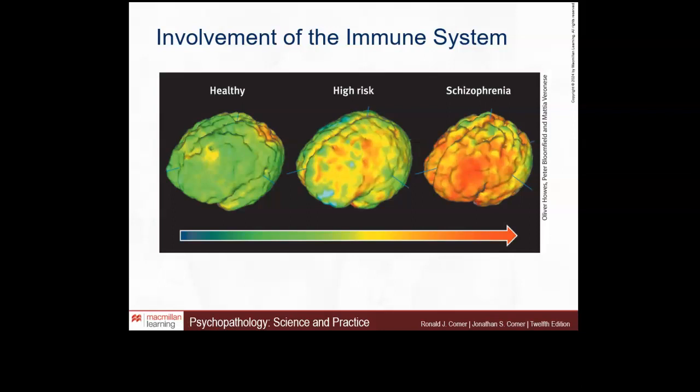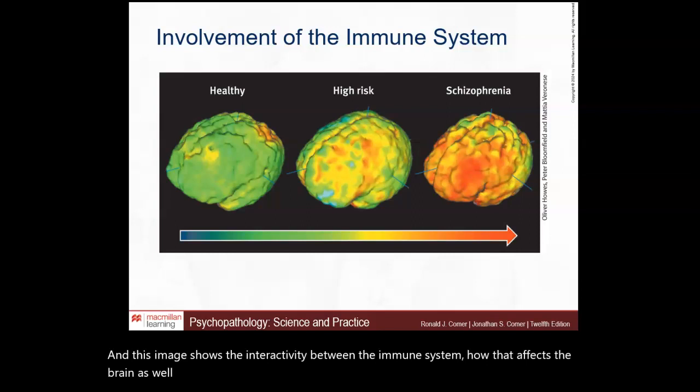And this image shows the interactivity between the immune system, how that affects the brain, as well as how one might experience schizophrenic activity.